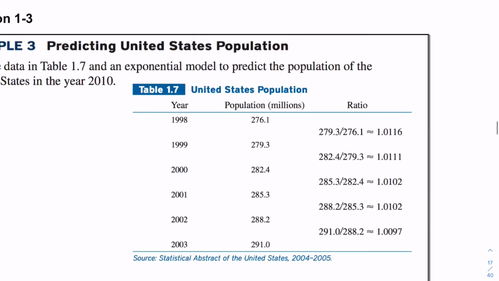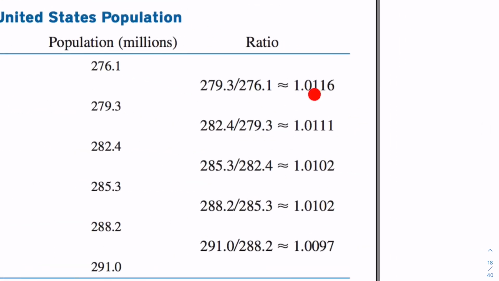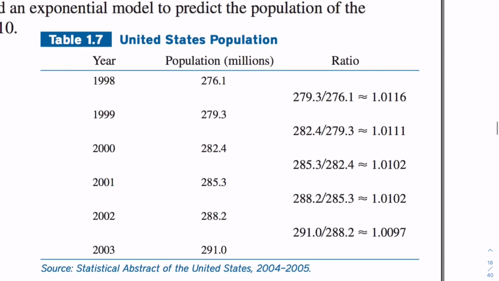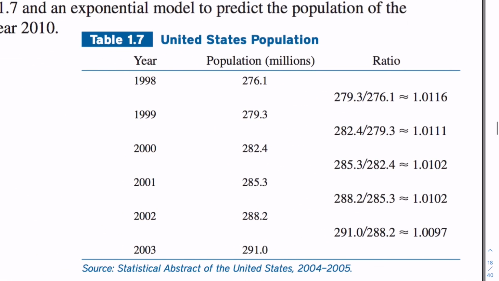It looks to me like 1.16%, 1.11%, 1.02%, 1.02%, 0.97%. It does look like over time, population's not actually increasing as much as time goes on from 1998 all the way to 2003. And there could be reasons for that.